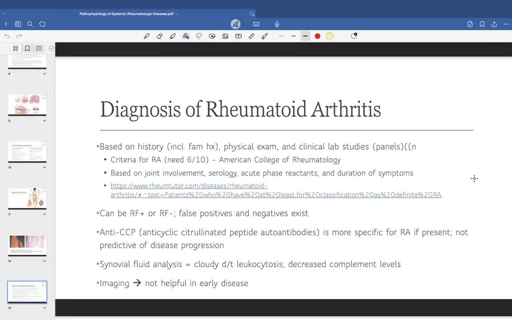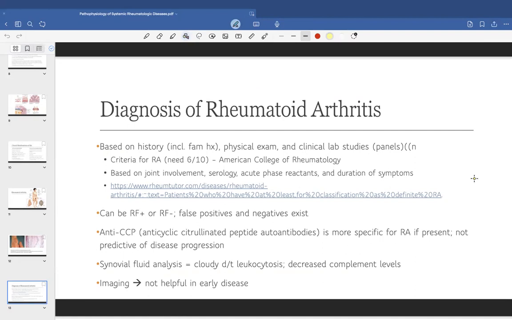However, it's not predictive of your disease progression. Now, your RF is predictive, and the higher your sed rate is, often the more inflammation is there. But you would add an anti-CCP, do an add-on test or do another set of labs.